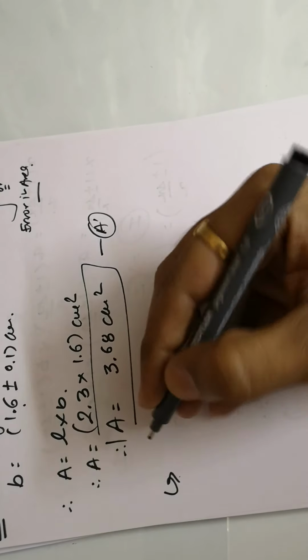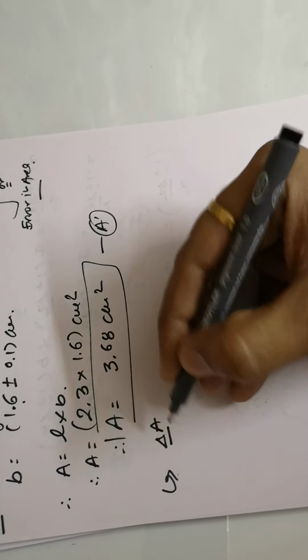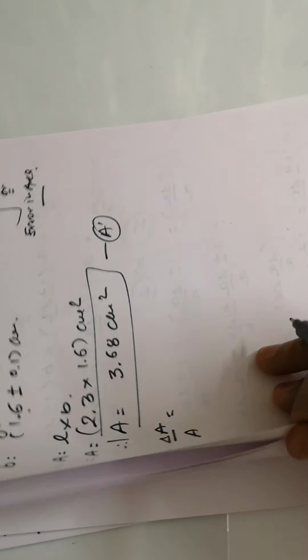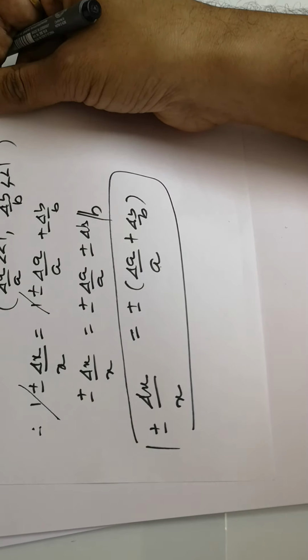Next, I want to find delta A, but my equation is suggesting that I go for delta A by A because it is the equation.